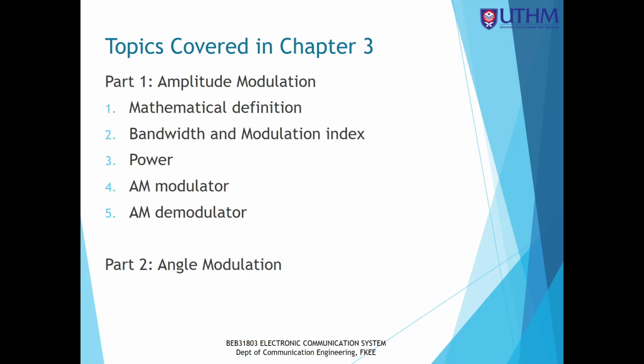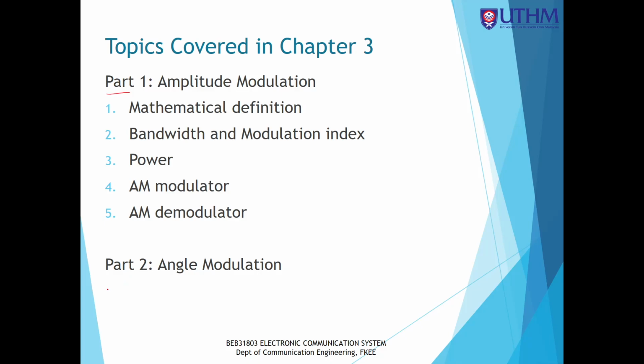So what will you learn in chapter 3? Remember, this chapter is the largest chapter in your syllabus, and it will definitely come out in the test and final exam. Chapter 3 is divided into two parts.